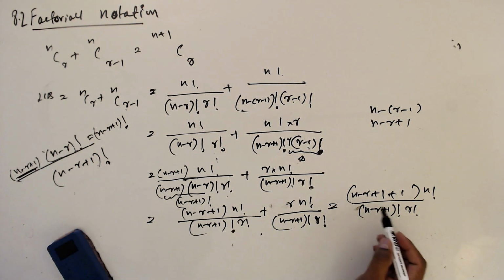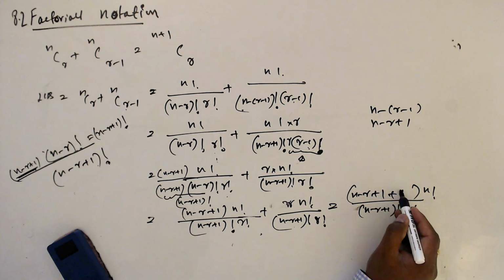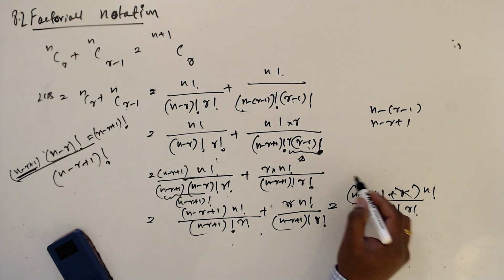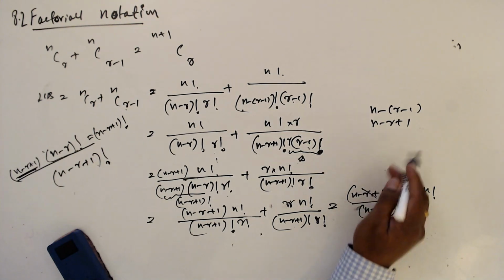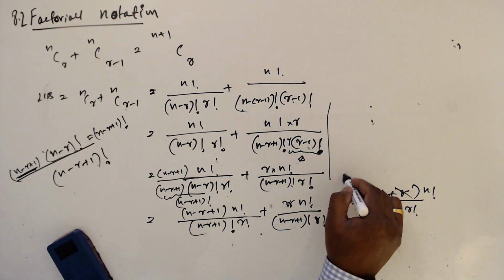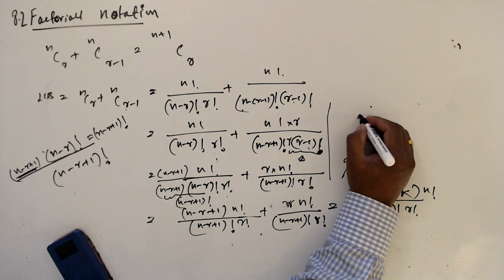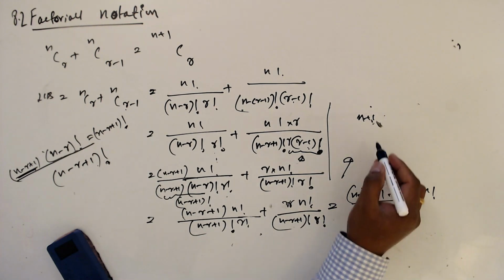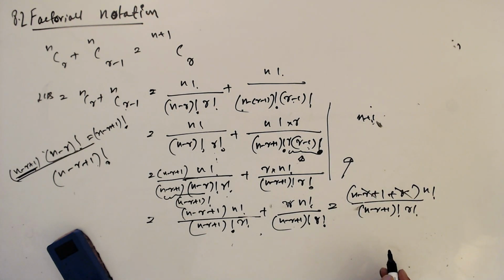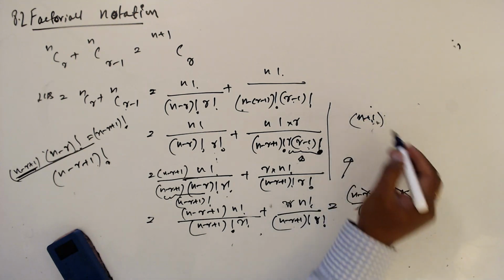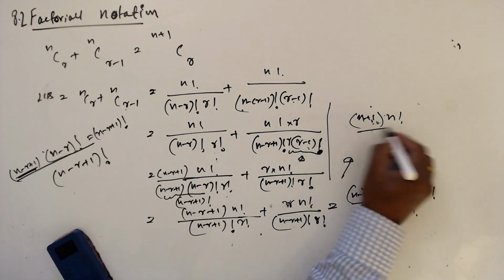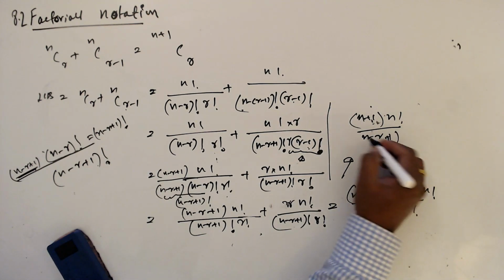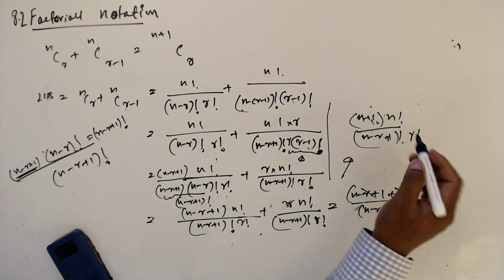Now you can see this is r basically, this is cancelled out, and I'll bring the answer here. So (n plus 1) times factorial n over (n minus r plus 1) factorial times r factorial.